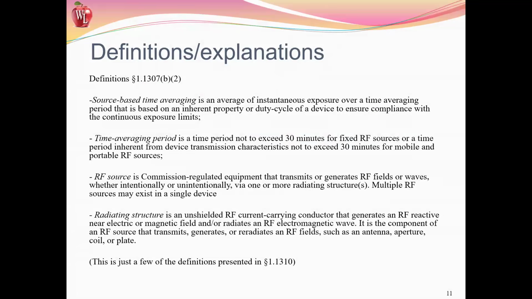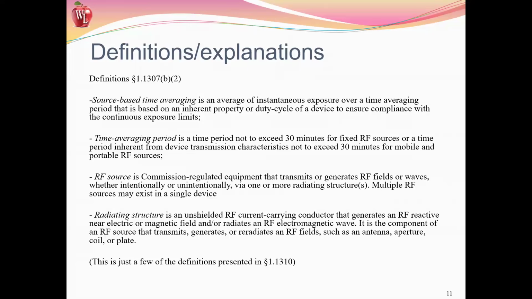A couple more definitions out of the rule book. Source-based time averaging is an average of the instantaneous exposure over a time averaging period that is based on inherent property or duty cycle of a device to ensure compliance. The time averaging period is the time period not to exceed 30 minutes for RF sources, or time period inherent from device transmission characteristics, not to exceed 30 minutes for mobile and portable RF sources.